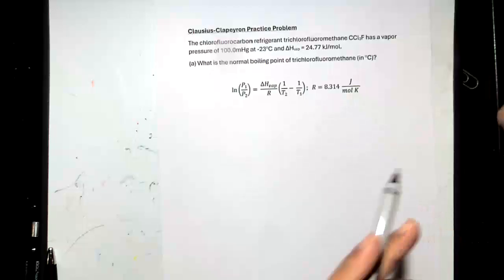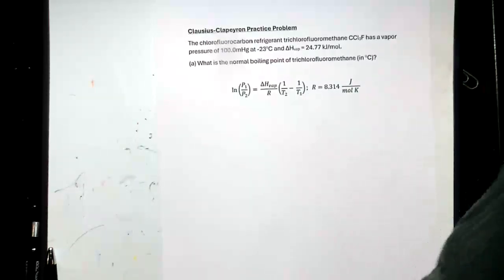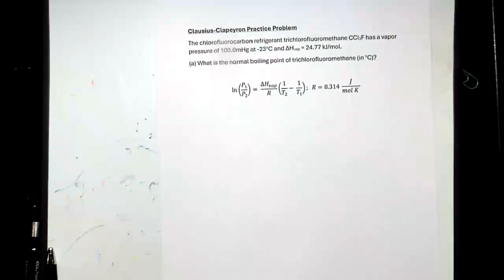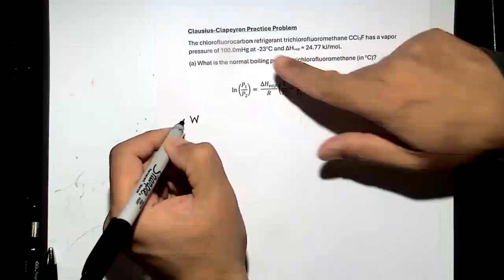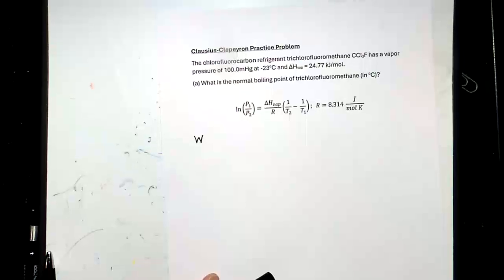Okay, we'll do this one more time. But now I want to ask you guys the question, what will be the vapor pressure at 23 degrees C of this refrigerant?